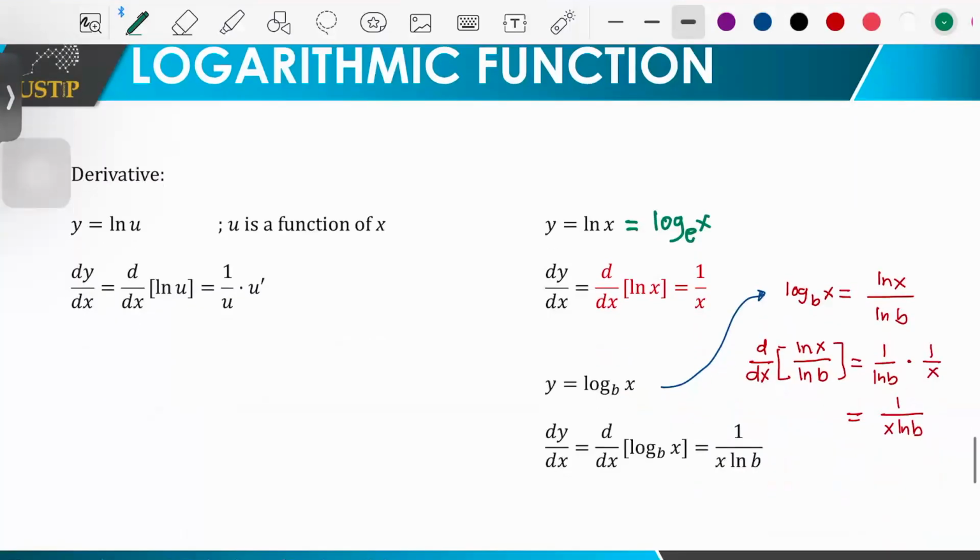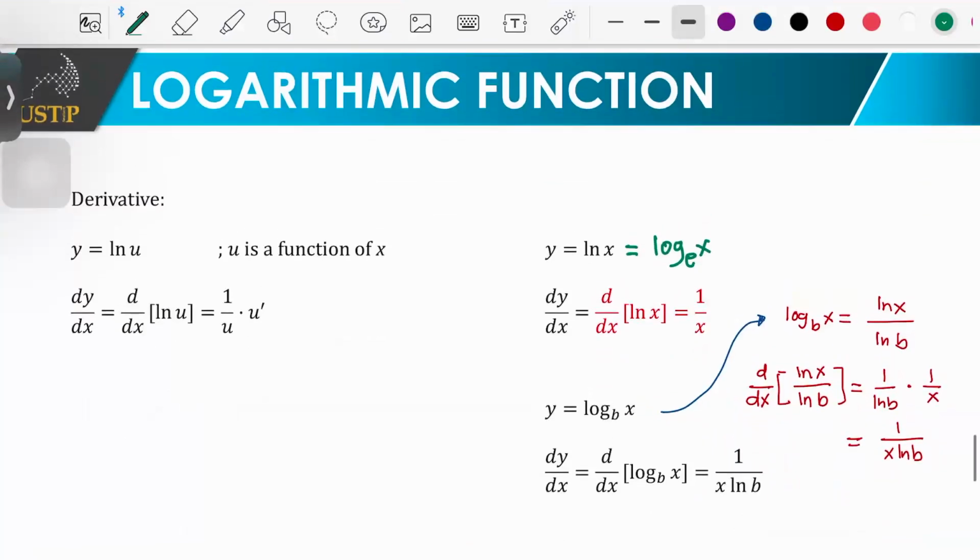That will just be equal to what I showed you before. It's because your log of x to the base b, if we use the property of logarithms, is just equal to ln x over ln b.